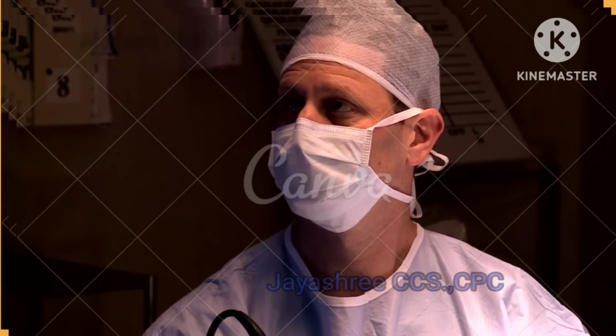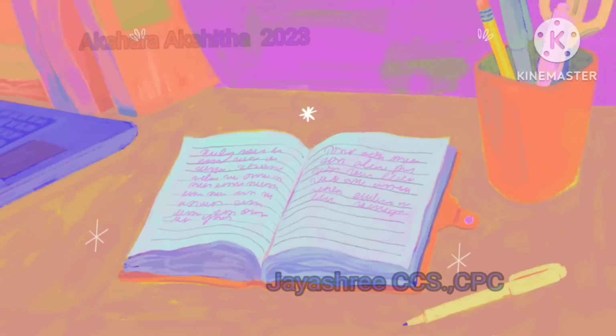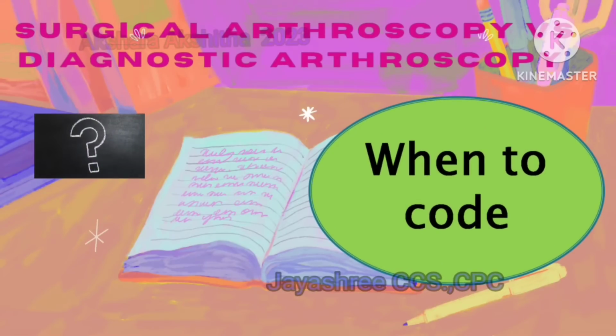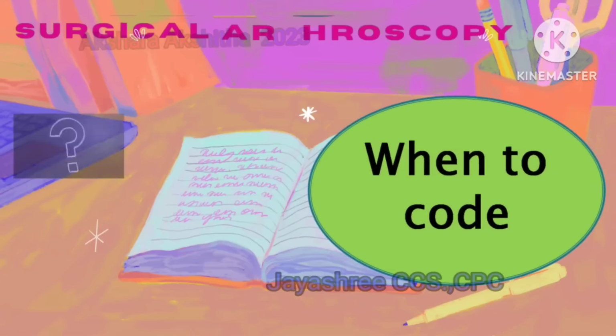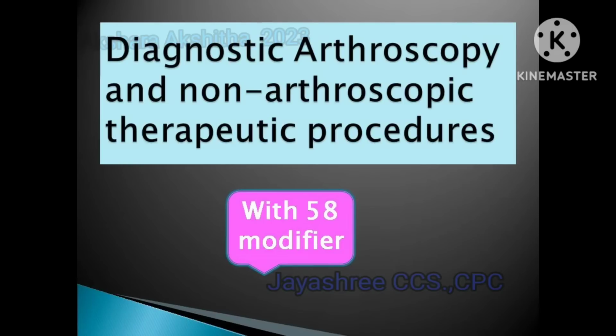Okay, if the findings of diagnostic arthroscopy lead to a decision to perform an open procedure, then diagnostic arthroscopy may be reported separately with modifier 58. So the same day the patient comes with pain and diagnostic arthroscopy is performed, the doctor identifies the main diagnosis, and the same day decides to perform the further main open procedure, then we can bill both codes together with modifier 58.